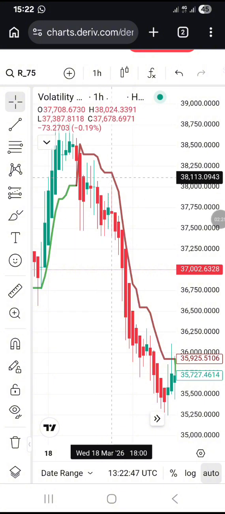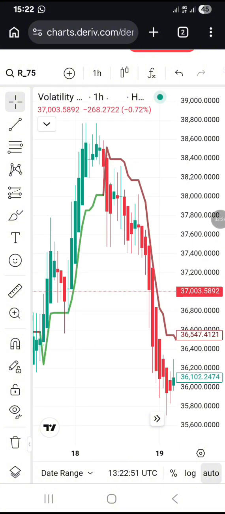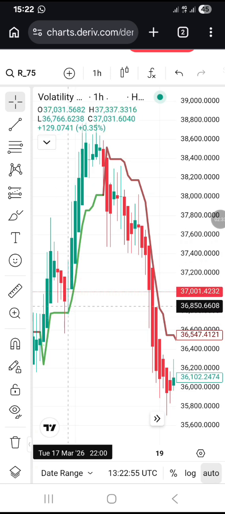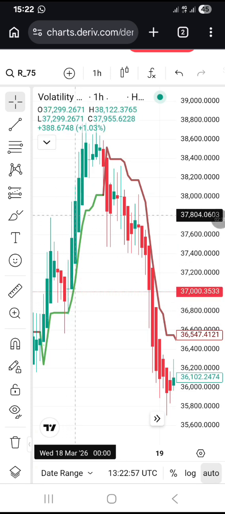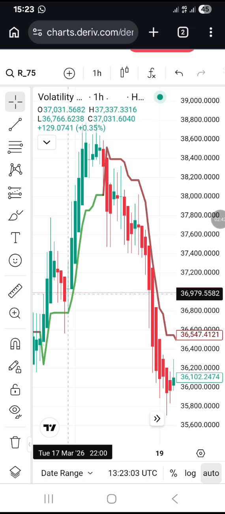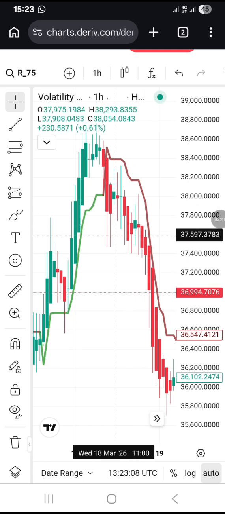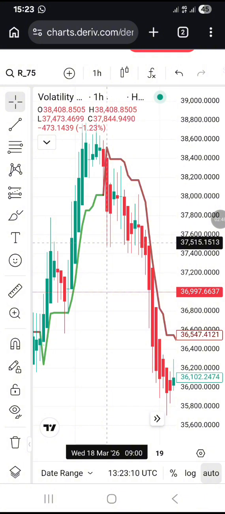When both are red, I look for shorts, which are sells. When both are green, as you can see here, we have a green Supertrend line and the candles are green. Both of them are the same color. I look for longs or buys because I understand this is now an uptrend, and right here, this is a sell trend.